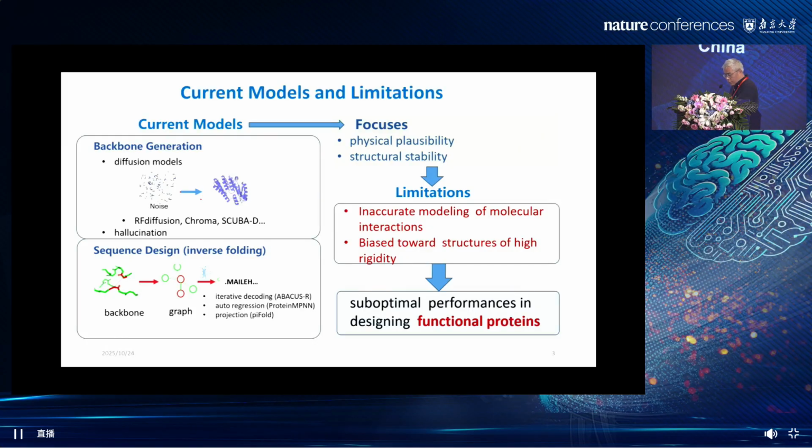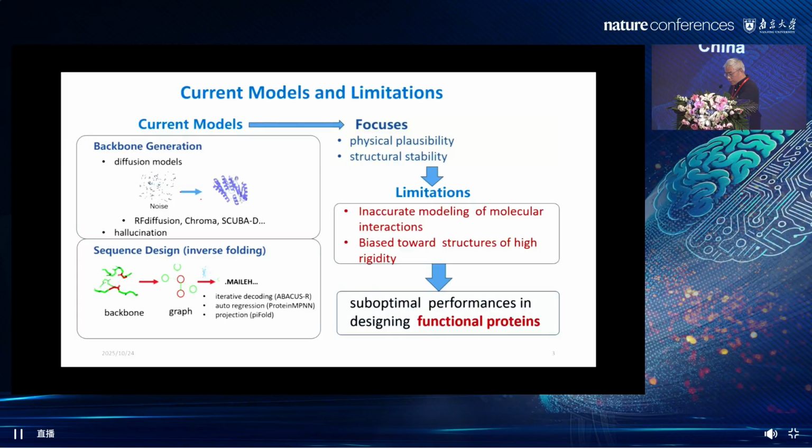But in this process, the focus up to now, I think, although people aim at designing functional proteins, the focus in this method development process is on the physical plausibility of the backbone and also the structural stability of the final sequence.